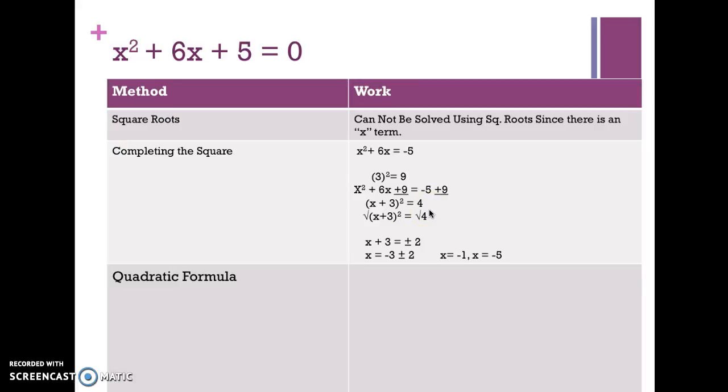Now you want to solve for both positive 2 and negative 2. So x plus 3 equals 2, which gets us negative 1, and x plus 3 equals negative 2, which gets us negative 5.